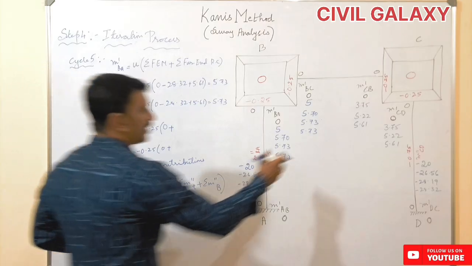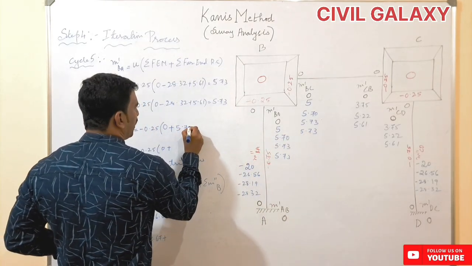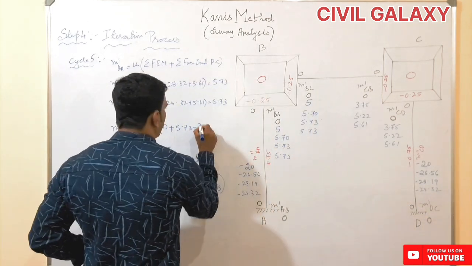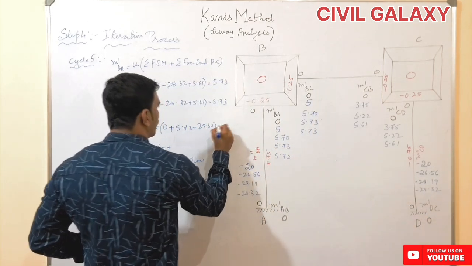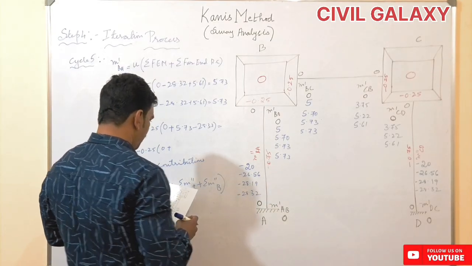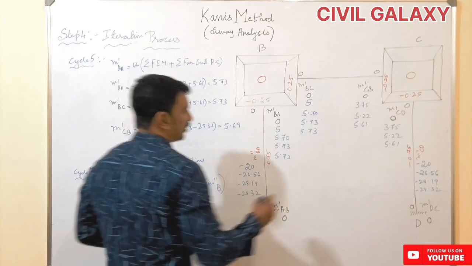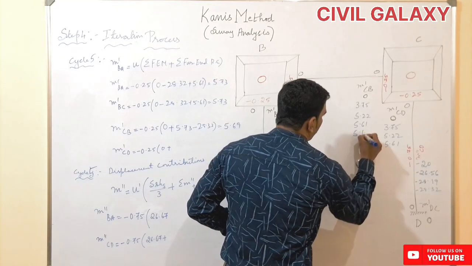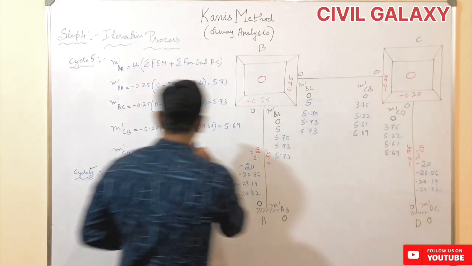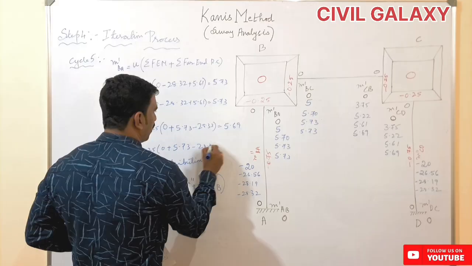Now if we take m dash CB, a new iteration value is over here, 5.73 minus the new iteration value, which is 28.32. So we'll get a value of 5.69. So here 5.69, here also it will be 5.69, since the values will be same over here.